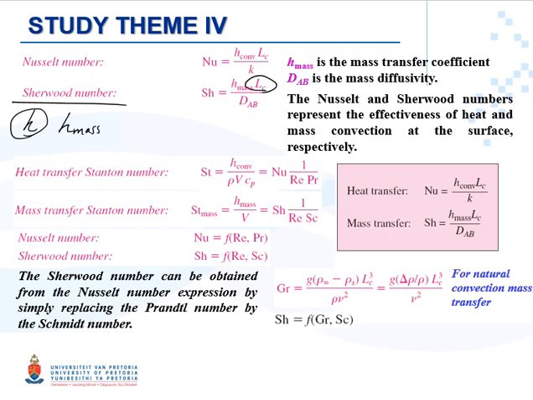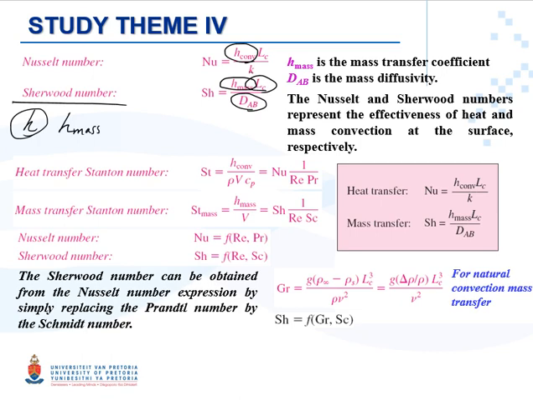Critical length is the same. Instead of convection heat transfer coefficient, we say mass convection coefficient, and here instead of K, we use diffusion coefficient. Mass diffusivity coefficient, binary diffusivity coefficient, different wording.